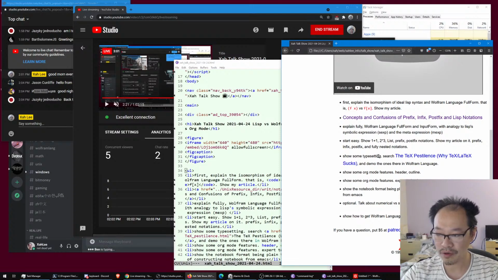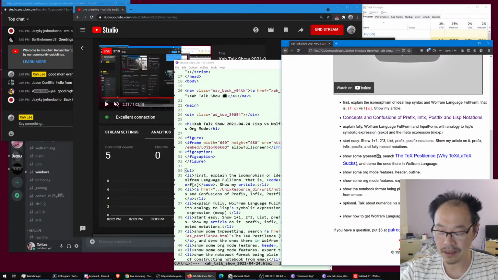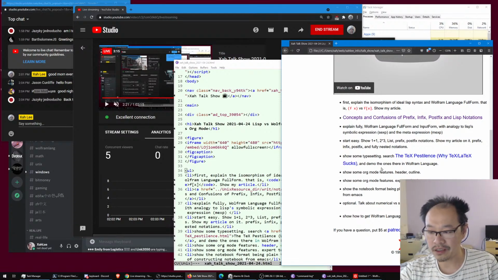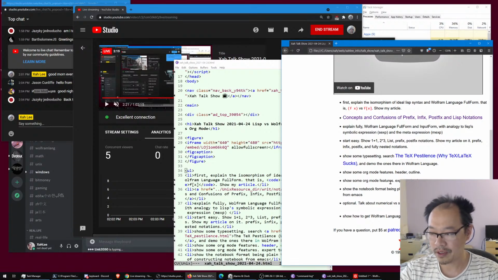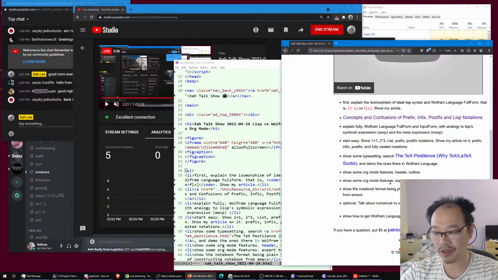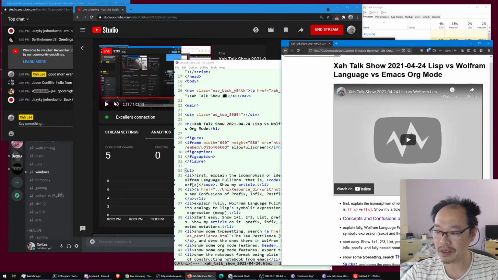Eventually, I'm going to show the similarities, the functional equivalence, between Emacs org-mode and the Mathematica notebook, the Wolfram Language notebook. Everything org-mode can do, Mathematica can do, and much more actually. So let's begin.